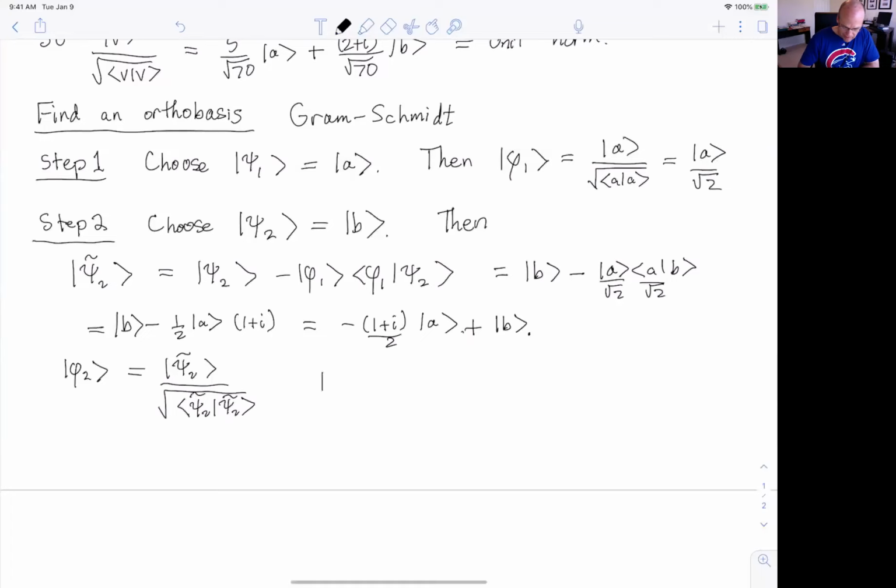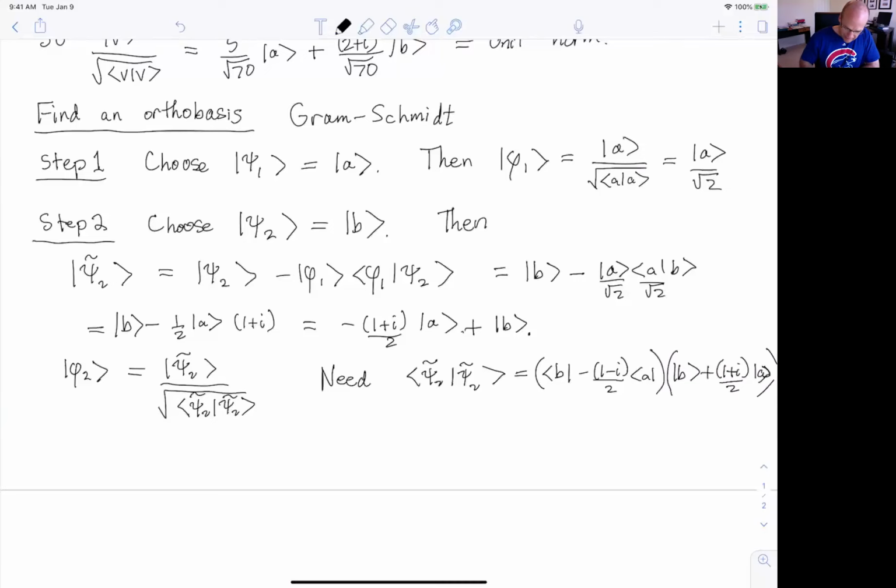Okay, and so we need the inner product of psi2 tilde with psi2 tilde, which is equal to the inner product of B minus (1 minus i) over 2 A with B plus (1 plus i) over 2 A.